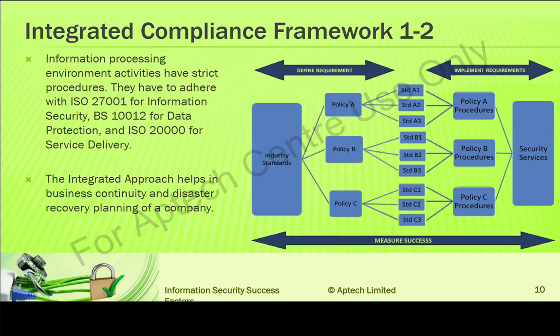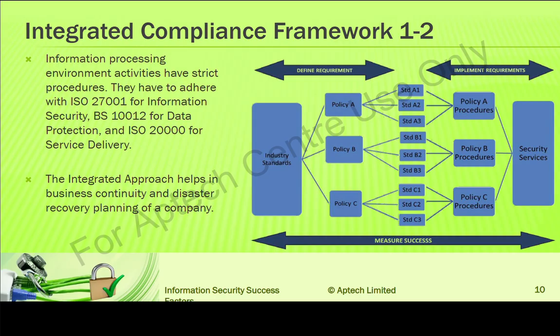This is policy A, policy B, and policy C. We have standard A1, standard A2, and standard A3, which go to policy A procedures, which give us the defined requirements, and this is the implemented requirements here. These are the standards we need to implement this policy, and this is the security side again for us to achieve this goal: security services for the business organization.